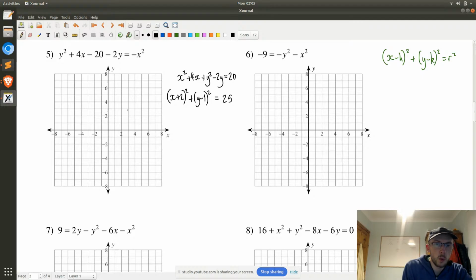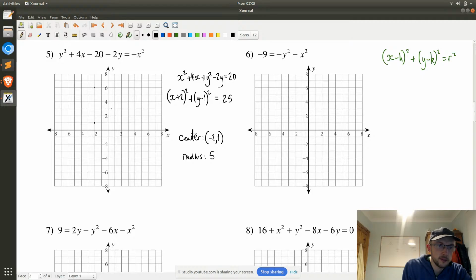So it's a circle with a center of -2, 1, and a radius of 5. So we go -2, 1 there.